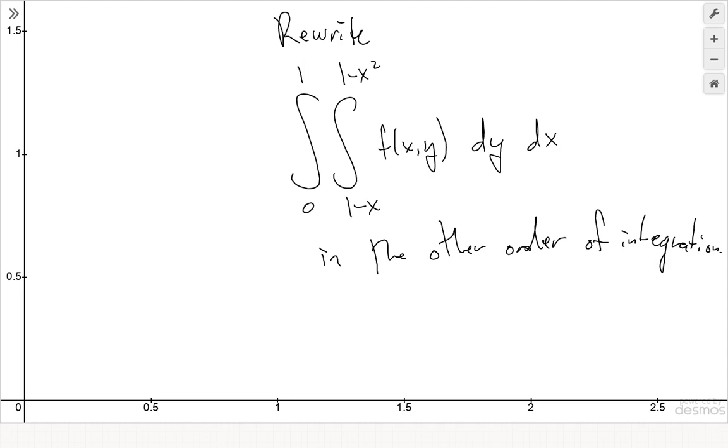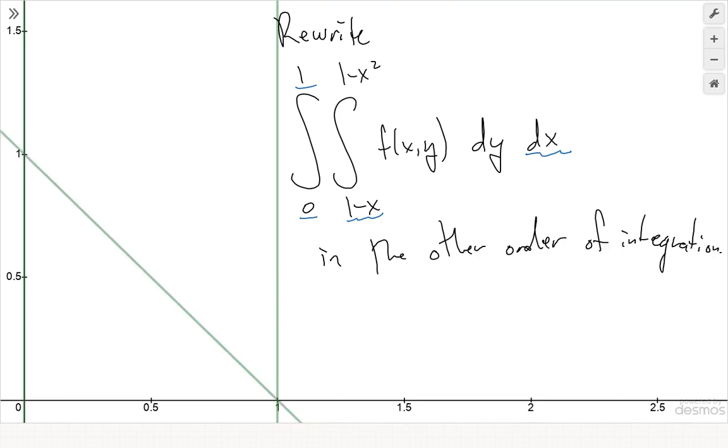Okay, so first let's sketch that region. So if we've got x on the outside, then x is going from 0 to 1. So this is our bounds for x. And then 1 minus x is this inverted line crossing the y-axis at 1, and 1 minus x squared is this inverted parabola.